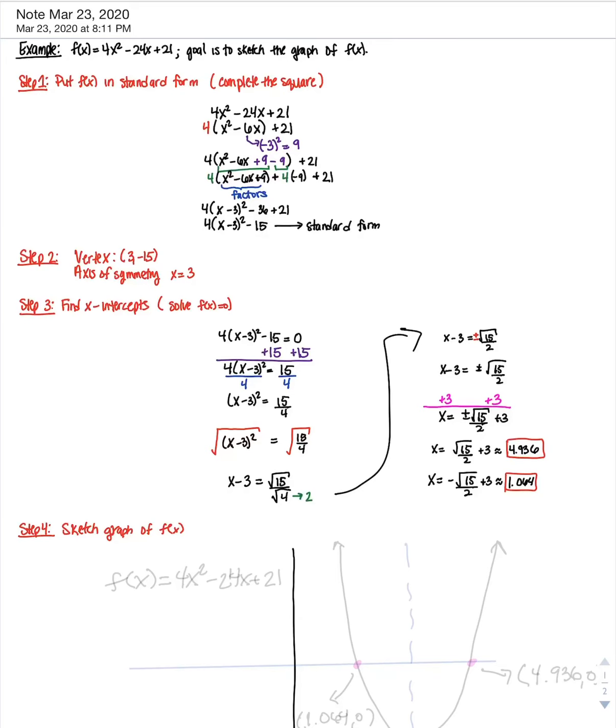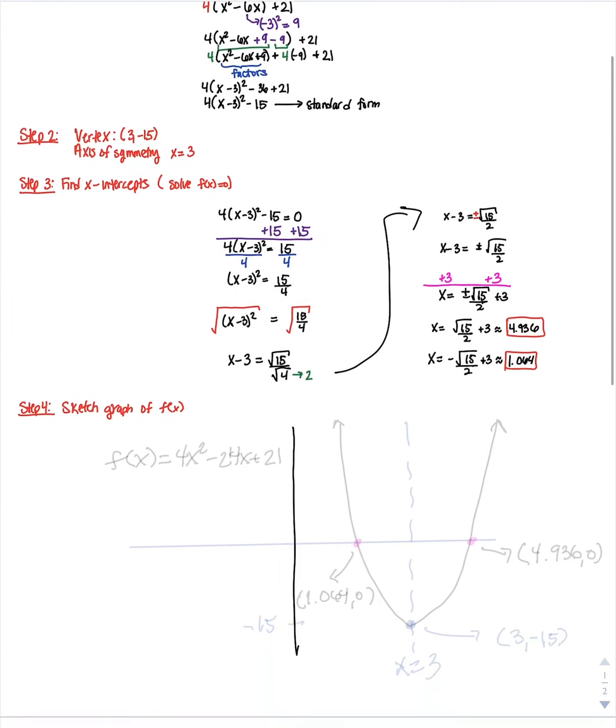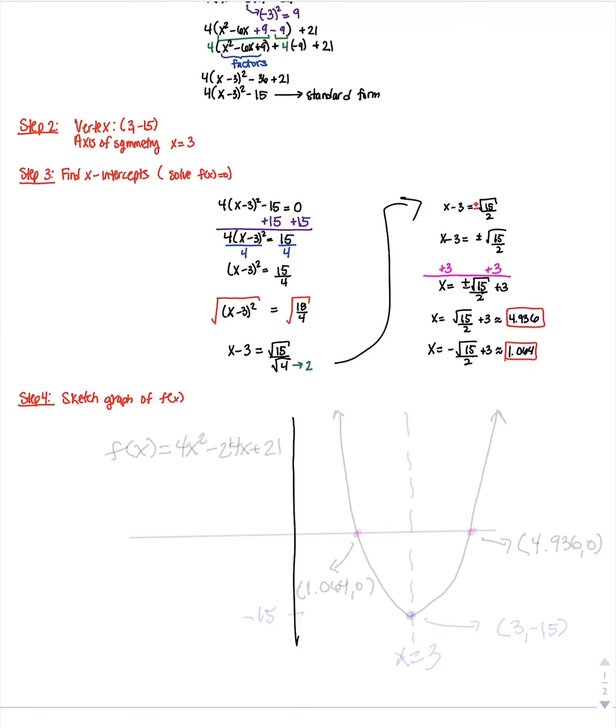We know we have an axis of symmetry at x is equal to 3. So that's going to be a vertical line at x is equal to 3. And at negative 15, we know we have our vertex point at 3, negative 15.